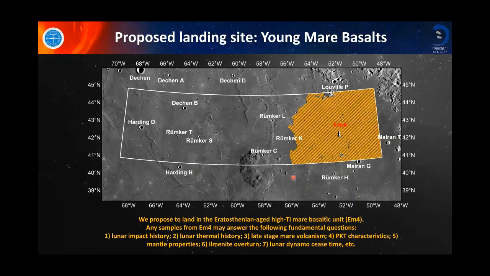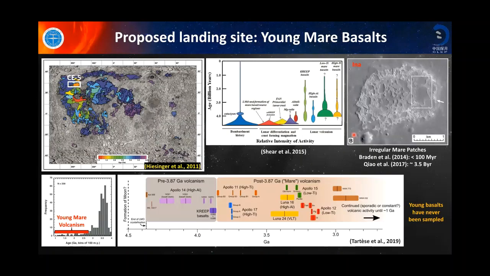Why do we want to sample the young mare basalts from the Chang'e-5 landing region? Why are the young mare basalts so important? That is because we don't really have samples younger than 2.8 or 2.9 gigayears. The youngest samples we have are lunar meteorites, NWA 773 and NWA 032, and they are older than 2.8 gigayears. So young samples have never been sampled.